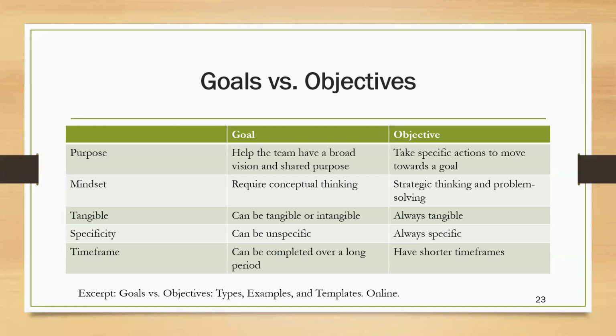They're a little less specific and a little broader. Objectives are always tangible. Goals can be unspecific, objectives are always specific, and the time frame can be very different. Goals can be completed over a long period, not always necessarily a long period, but they can be. Objectives are always going to have much shorter time frames, and that helps support that goal.